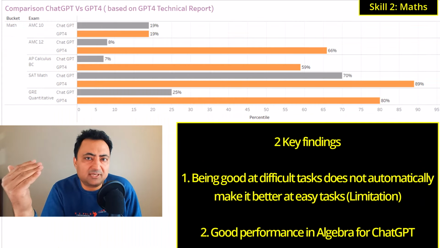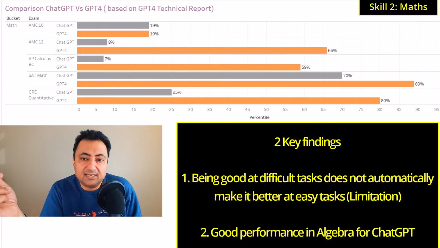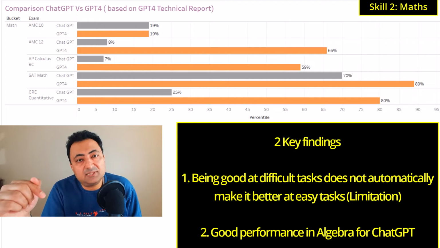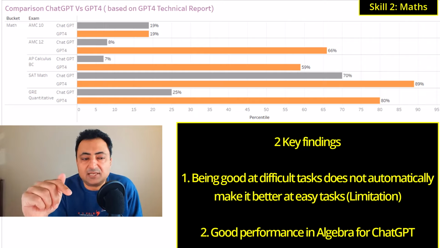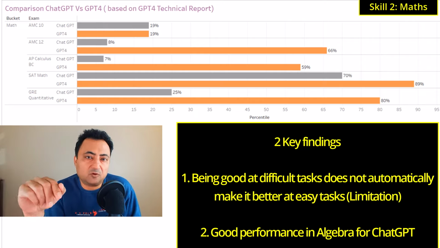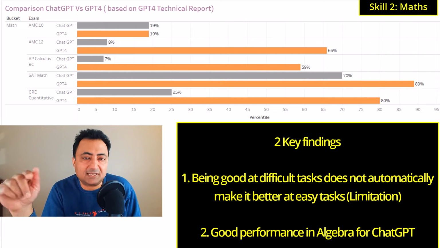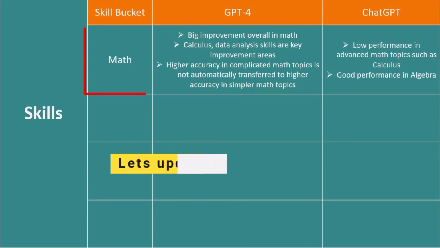There are so many use cases where you can just think about the models as being able to add and subtract. We really don't want them to be able to do calculus for many use cases. And why is that important? Because remember that GPT-4 can be as expensive as 6 times that of ChatGPT. So if you can get a good performance with ChatGPT, why do you want to pay 6 times more for GPT-4?